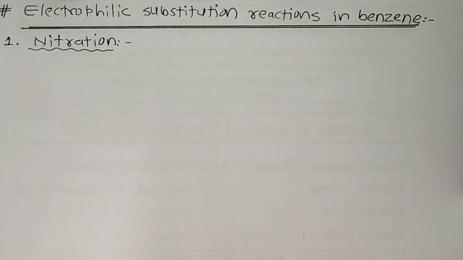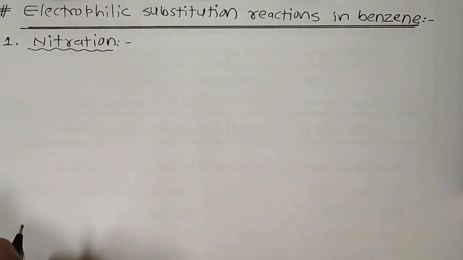Now in our curriculum there are 6 different types of electrophilic substitution reactions in benzene. So step by step we have to study, first the nitration. Nitration means we replace hydrogen of benzene with an NO2 group.